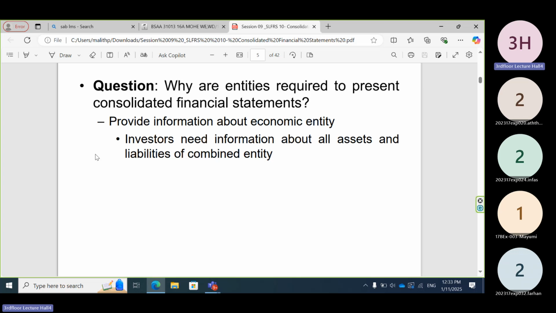You are having subsidiaries, associates, or joint ventures. The main are parent and individual company. As an accountant, once you are preparing your financial statements, you are preparing two sets of financial statements. One is the individual financial statement for the individual entity, and for the parent we are preparing the consolidated financial statement, right?